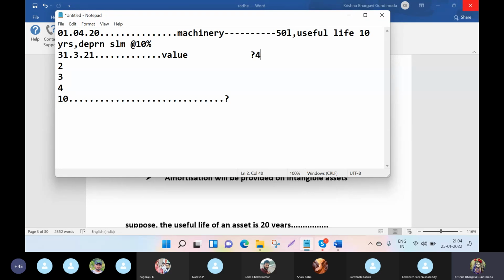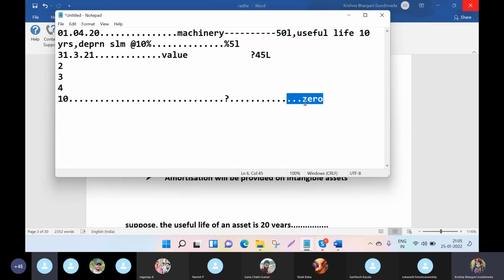That means 5 lakhs is the depreciation for the first year. In the second year the value becomes 40 lakhs. At the end of the 10th year, the value becomes 0.